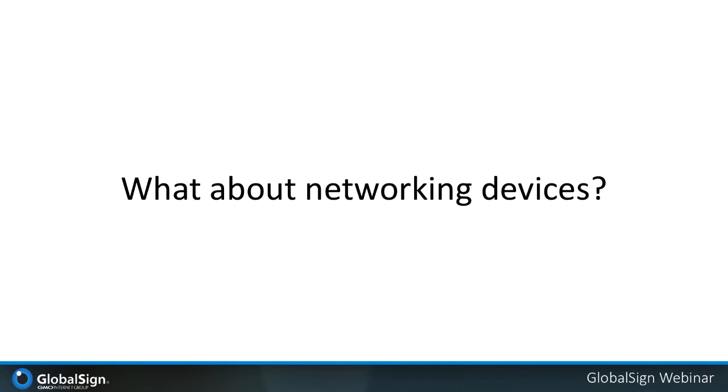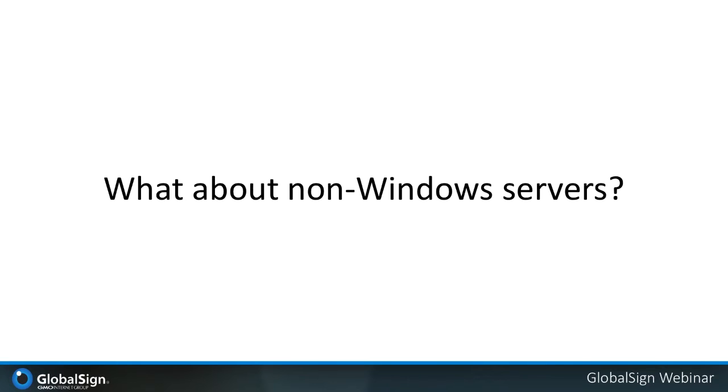There are multiple flavors of SCEP out there, like I mentioned before, so this is something you have to configure manually to a certain extent. You're not going to have the full automation capability that you will have in a pure Windows environment. But the benefit is you can still use that single system to provision certificates to all devices, be it Windows, Linux, Macs, or even networking devices.